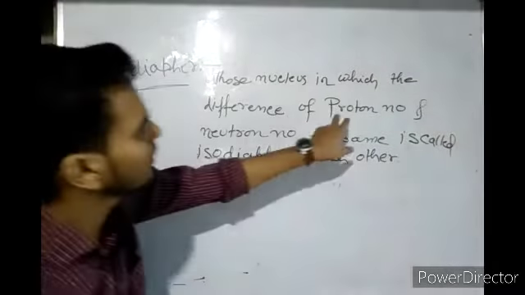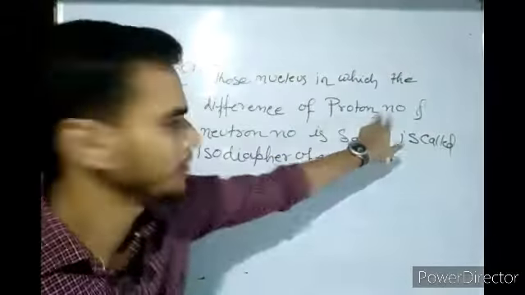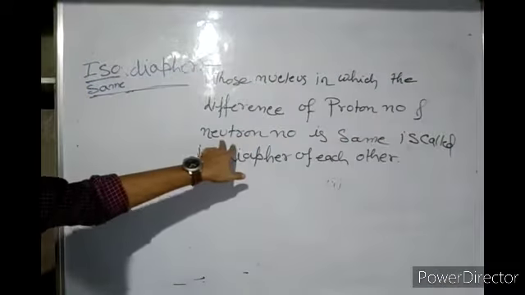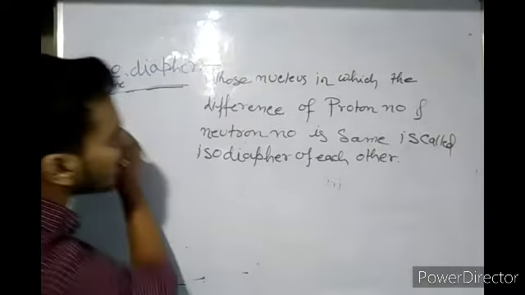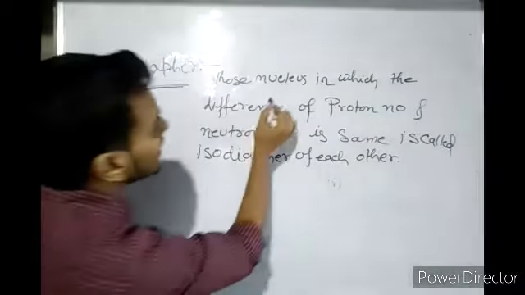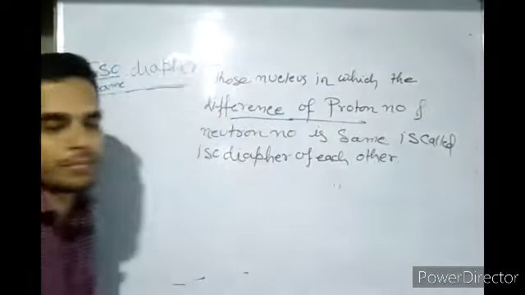In isotope, we see that the proton number is the same. In isotone, we see that the neutron number is the same. But in the case of isodiapher, we see that the difference of proton number and neutron number is the same.